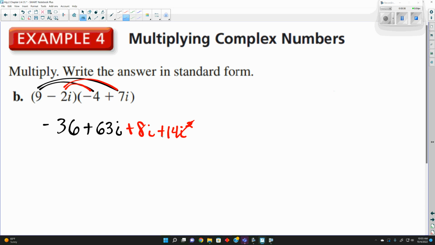The other way to look at this is to say, well, we can combine these two middle terms, which would give us 71i.